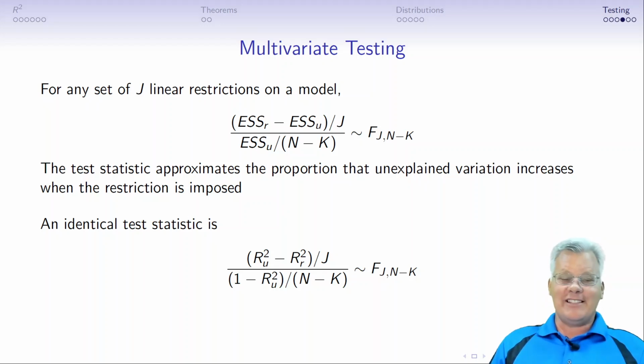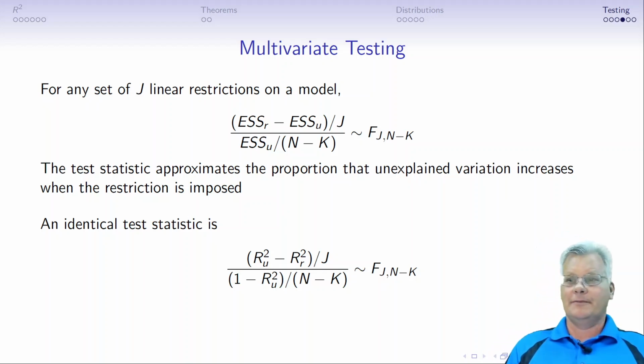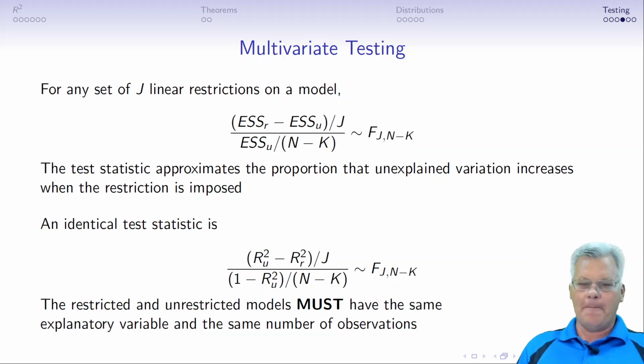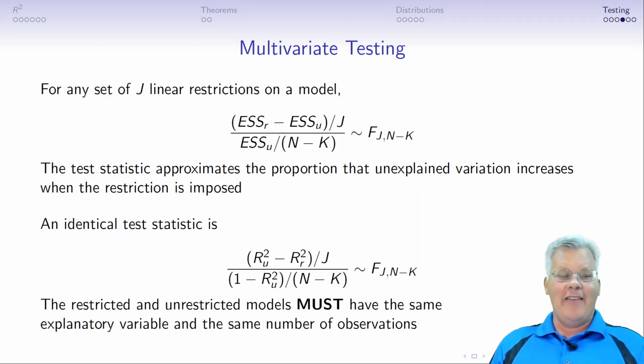So in the previous slide, the test of whether all the OLS slopes are jointly 0 is equivalent to saying I impose this restriction and r squared falls from whatever value it is to 0. Now, another cautionary note, the restricted and unrestricted models must have the same explanatory variables and the same number of observations for this test to be valid.